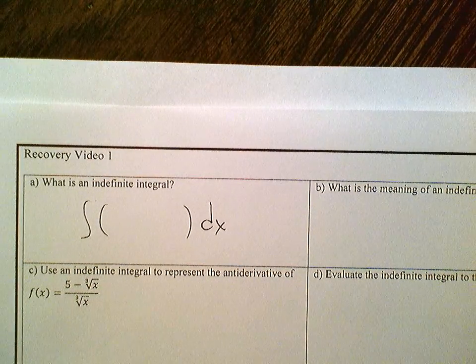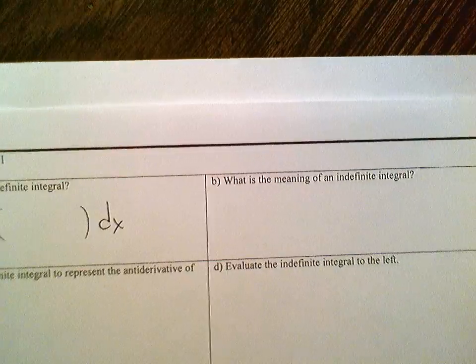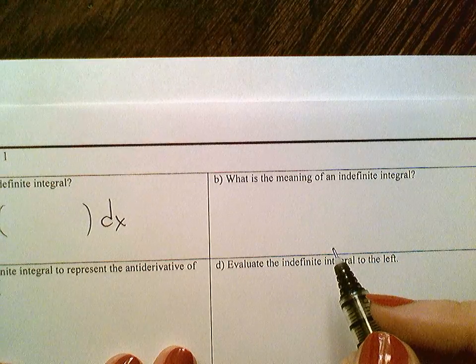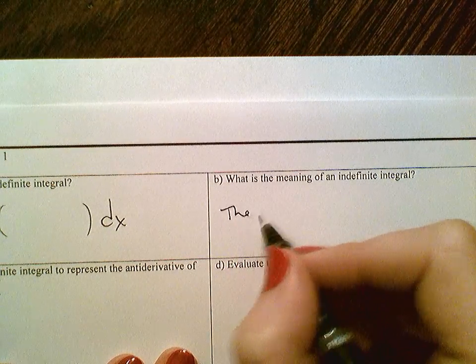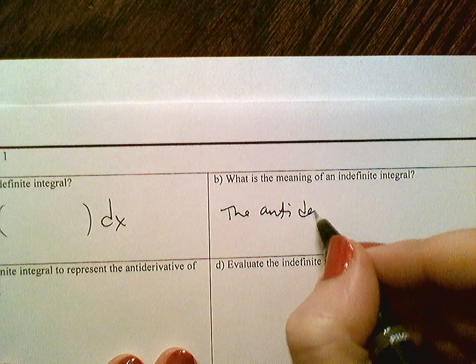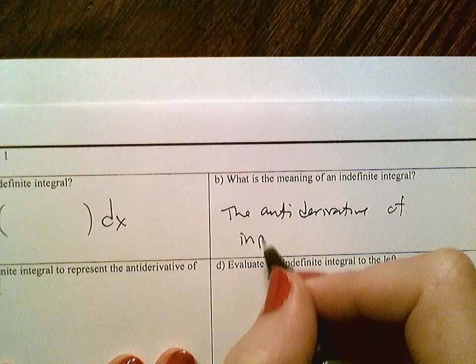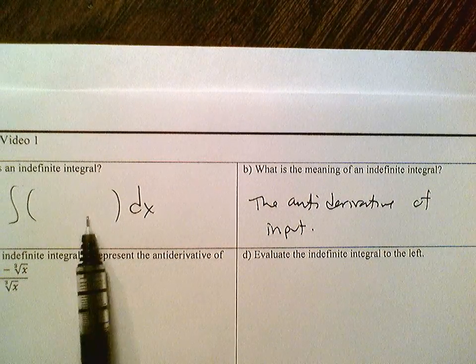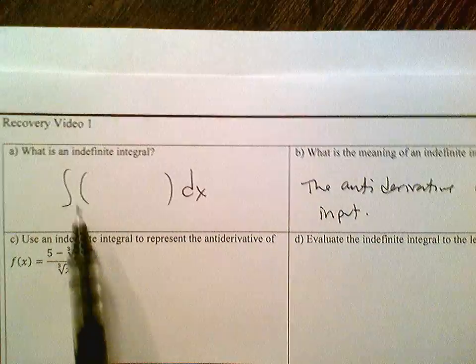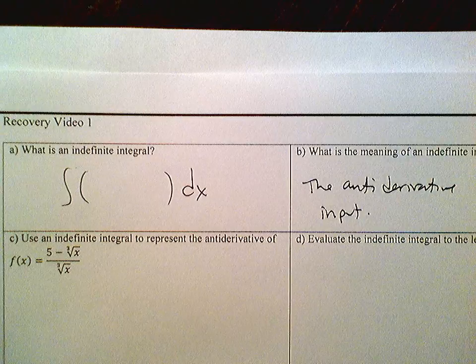Okay? What is the meaning of an indefinite integral? It means the antiderivative of the input. Okay? So whatever input you have here, this notation means the antiderivative of it.